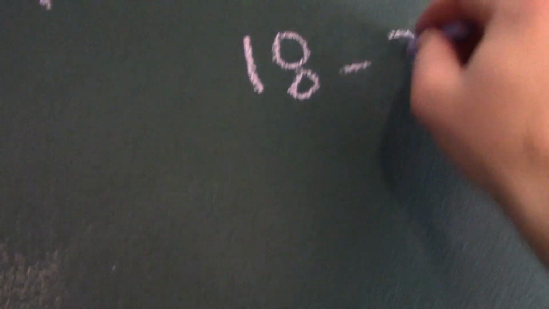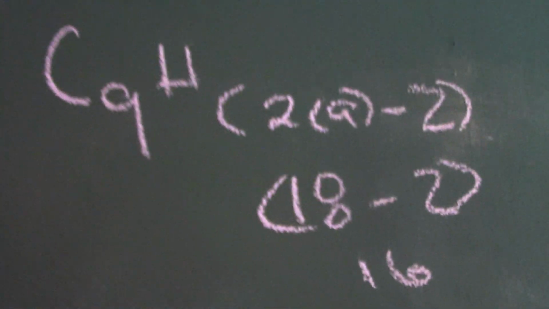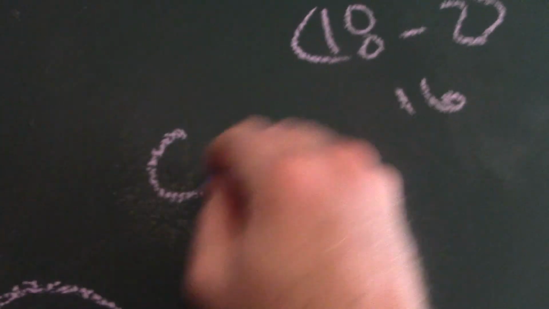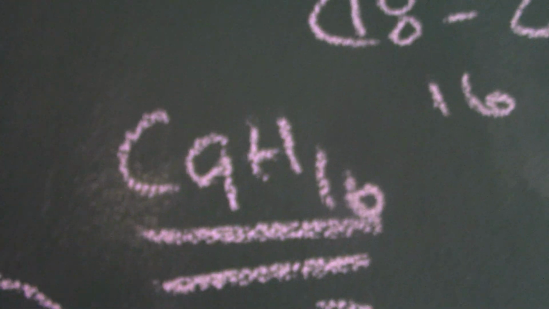There's 9 carbons, so that's 2 times 9 minus 2 for hydrogens, and that is 18 minus 2. So that's going to be C9H16 is the chemical formula for nonyne.